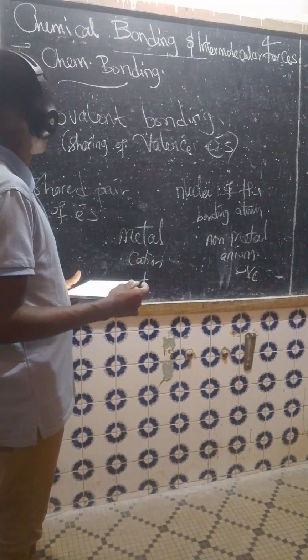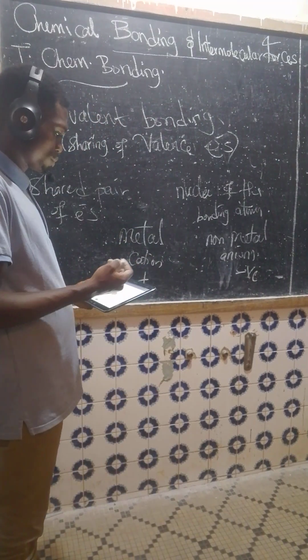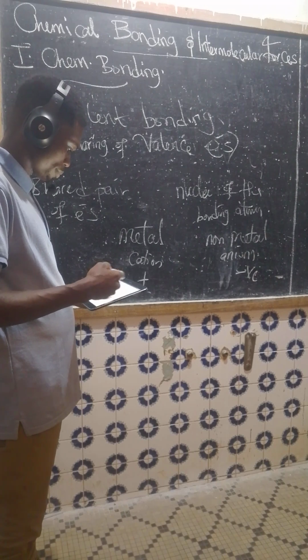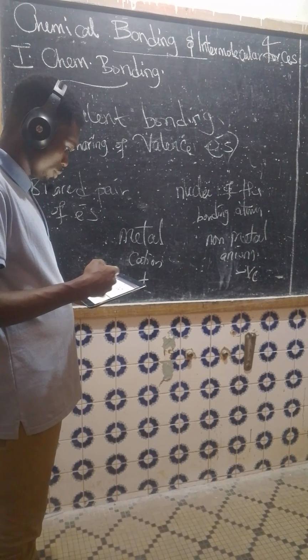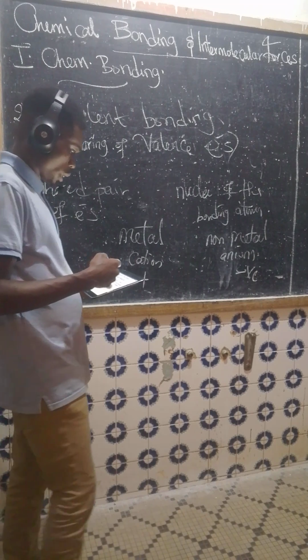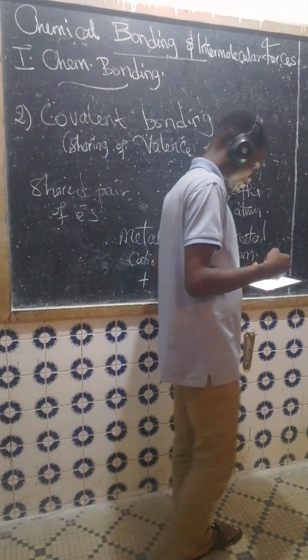Let's continue to look at Lewis structure for covalent compounds or covalent molecules. We are going to start with something like water.